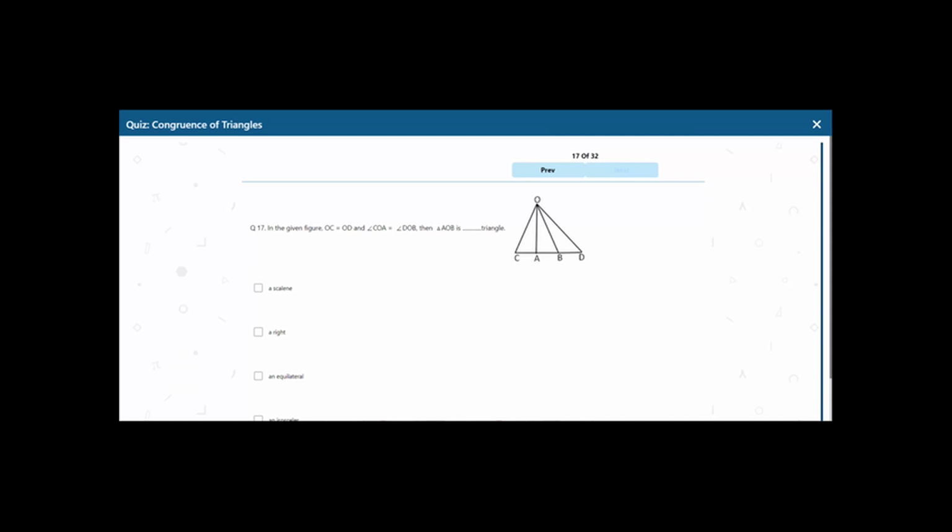Scalene triangle, ma'am. Right angle triangle. Angle A equals 90 degrees, ma'am.